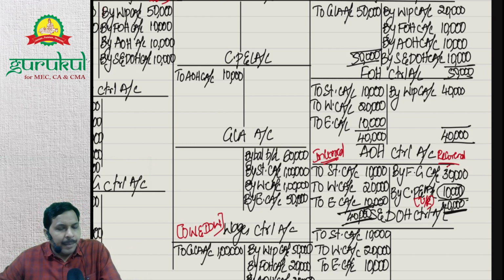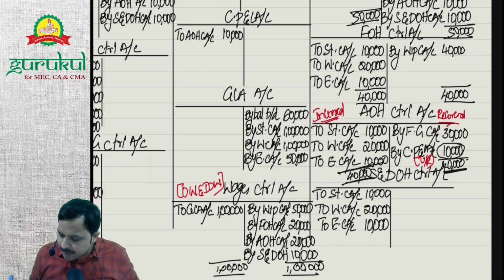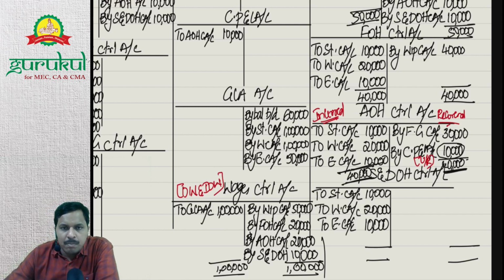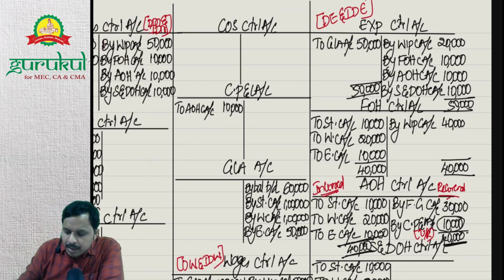Now, coming to the selling and distribution overheads control account. Total of debits is 40,000. Now, let us first write the recovered entry. Selling and distribution overheads recovered entry will be cost of sales control account debit to selling and distribution overheads control account.